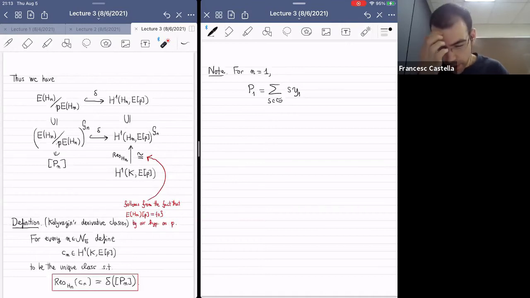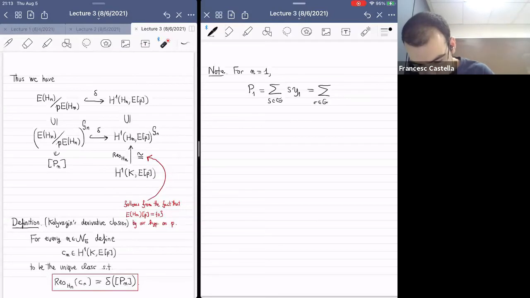So we were looking now at what is the Heegner point of conductor 1. By definition, this is what we do: we apply these different S's to the Heegner point of conductor 1. But this set of representatives is, as we mentioned, in one-to-one correspondence with the Galois group H1 over K. So that's the same as taking the sum over sigma in the Galois group of H1 over K. But this is the norm from H1 down to K of y sub 1.